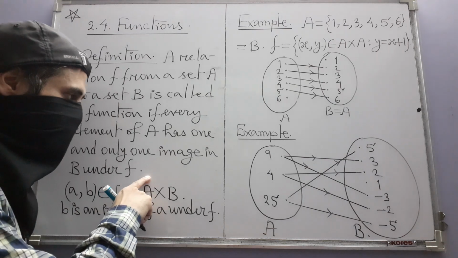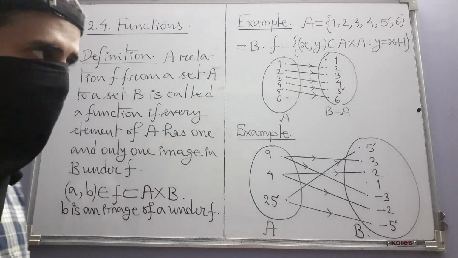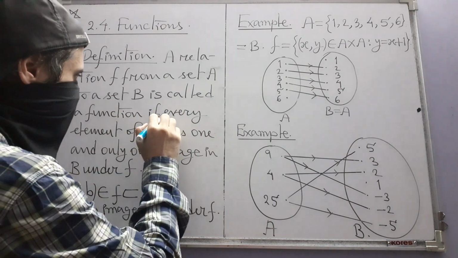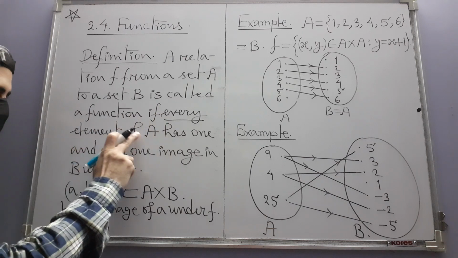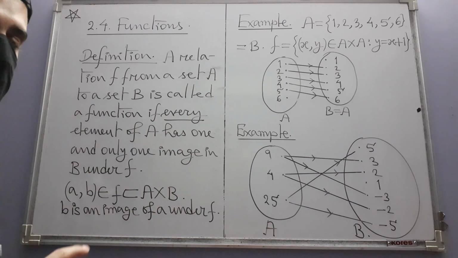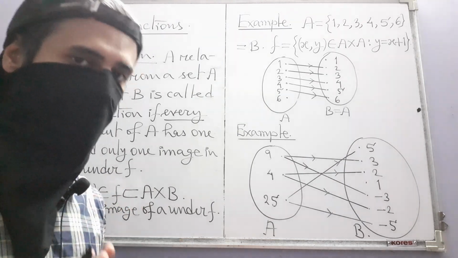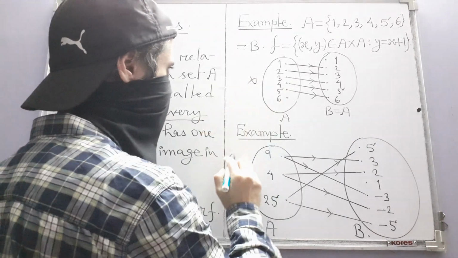Is this condition being satisfied in these examples? No. Let us first see this one. Note this word: every element of A has one and only one image. That means every element of A needs to have an image. That's not the case here.